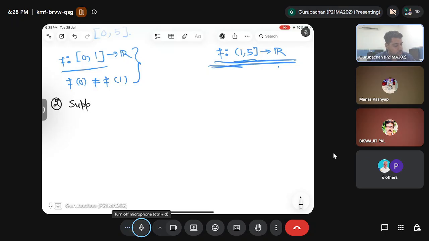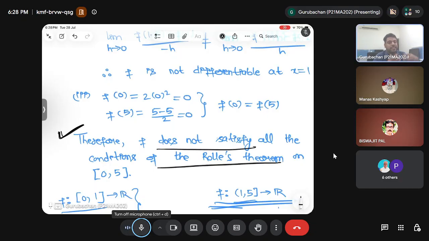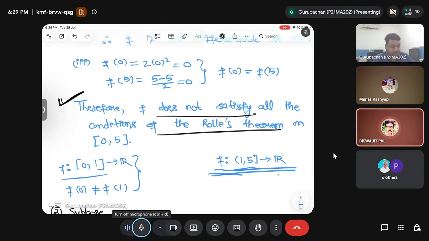Sir, what is the conclusion of problem 1? So you wanted to ask about the interval where c lies such that f dash c is equal to 0. Here I have written that it does not satisfy Rolle's theorem, so obviously there will not be such a c. Or you can say we do not have any c such that f dash c is equal to 0. Yes, exactly.